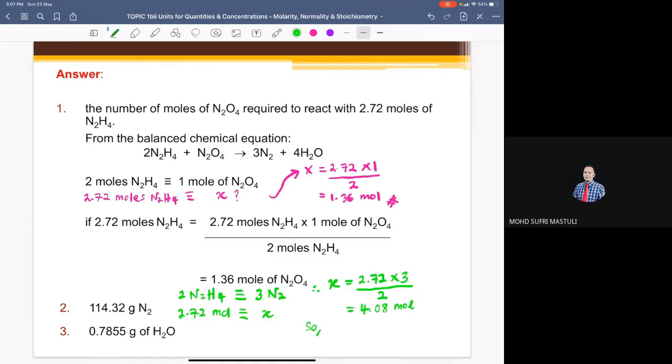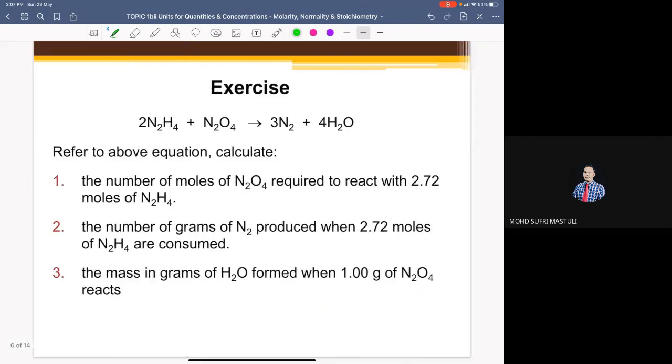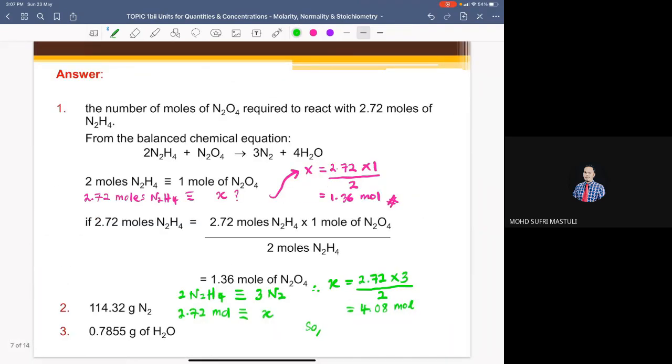Now the question is asking about mass, in gram. Mass of N2 is 4.08 times the molar mass, because mole is mass over molar mass, so mass is mole times molar mass. Nitrogen is 14 times 2.